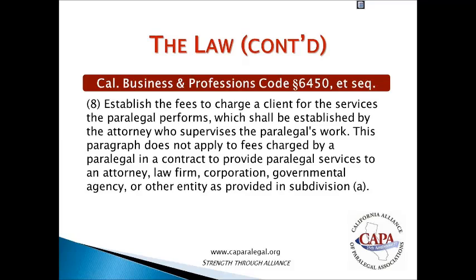Right. What I want people to understand, especially if you're in another state, trust me, CAPA's goal to pass this bill was extremely hard. It was far from easy. It actually took us about 10 years of educating attorneys. We were lobbying, we were rewriting the bill.